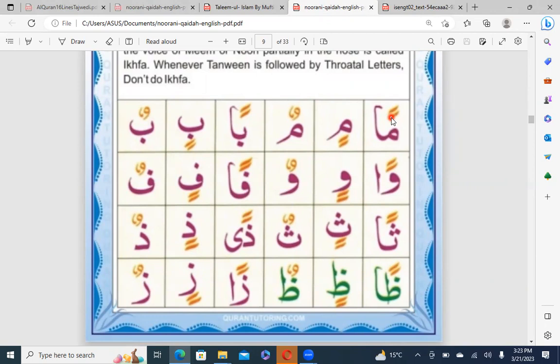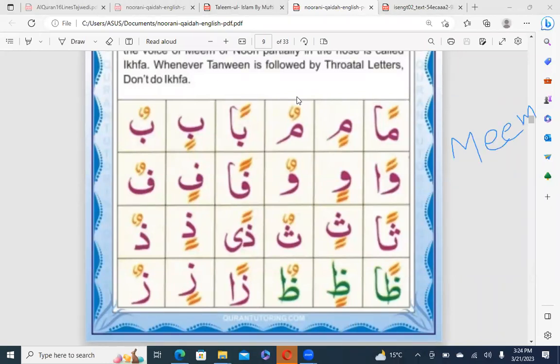For example, meem with two fatha, you can say fathataini or dui zabar, man. So the spelling of the meem, meem.